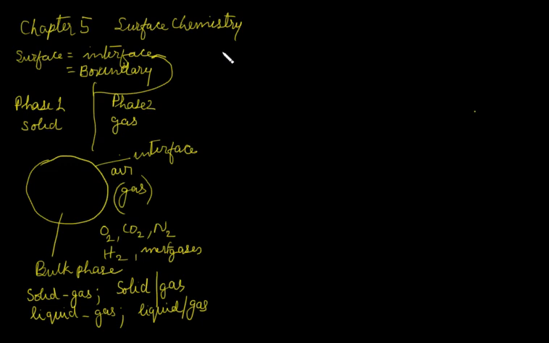An interface between gas and another gas does not exist. The reason is these gases are completely miscible. Since being miscible, it is difficult to draw a boundary between the two gases. So this does not exist.